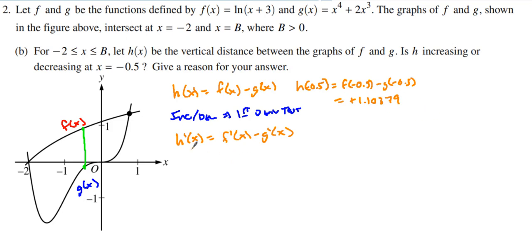Okay, well, if we do the same thing for h prime of -0.5 equals f prime of -0.5 minus g prime of -0.5, I end up getting in my calculator f prime of -0.5 is 0.4, g prime of -0.5 is 1. That gives me -0.6, which means, since we have a positive value of this difference, you can see that the rate is changing at -0.6.